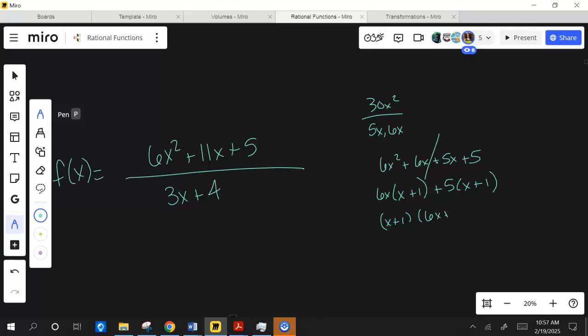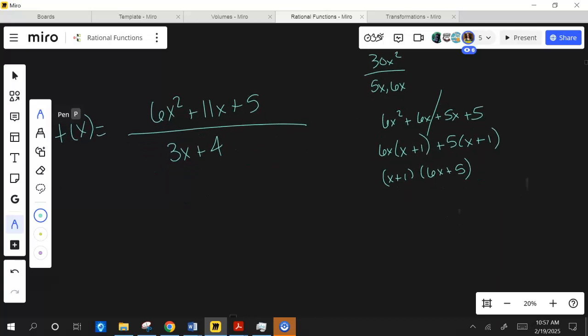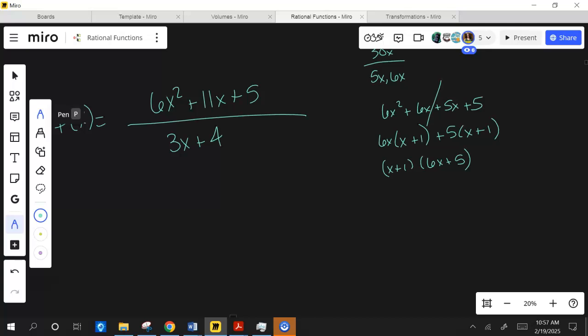Do I have any holes? What creates holes? There's no holes, so I can't cancel anything out. Well, rats.